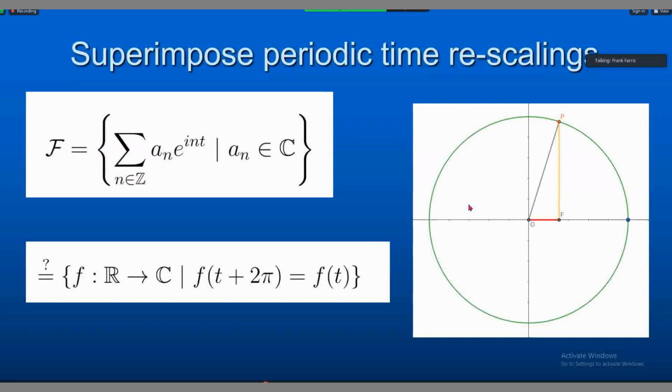And the question is, is this the same as the class of periodic functions from the real line into the complex numbers? So I've shown you things that take time and wind it into the complex plane, and they keep coming back on themselves, they're periodic. Are these sums the same as all these functions? So that's a very big question.